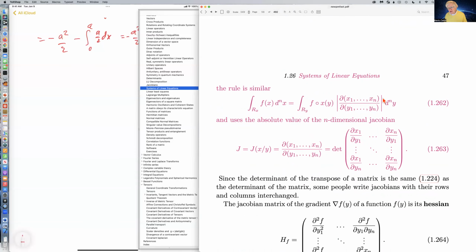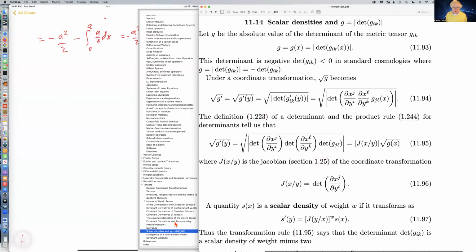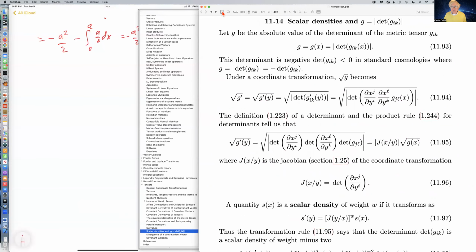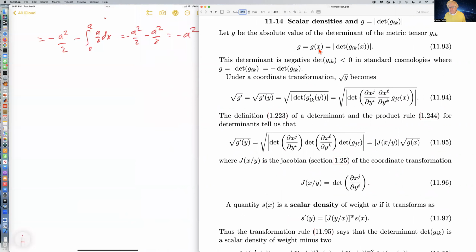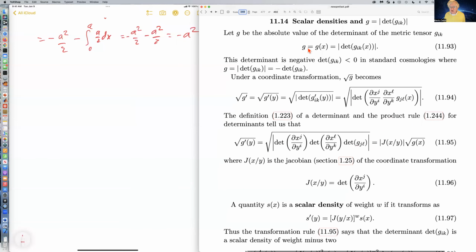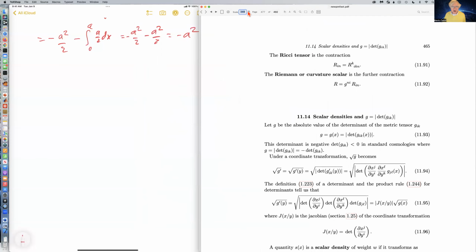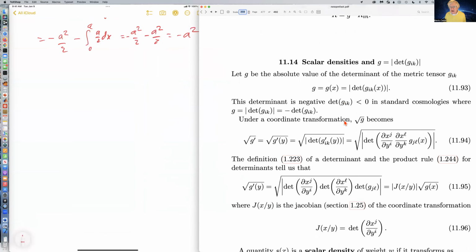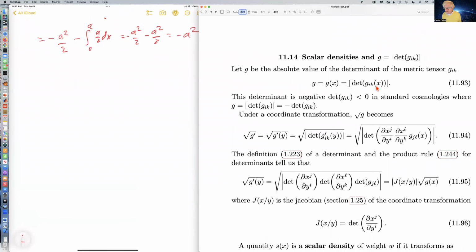dxn is the Jacobian of the x's with respect to the y's, dyn, and the Jacobian is this thing here of derivatives. And so if we can transfer all that to why it is that in general relativity action integrals, one always sees square root of g or square root of minus g in most books, but I use little g as the absolute value of the determinant of the metric tensor.